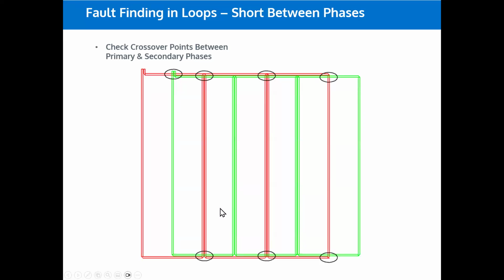So when you're turning up to a loop that's already been laid, an existing system, not a new one that you've just installed, then you just need to worry about lifting the carpets up at the sides of the room here, and just checking these points where the two phases are crossing each other, and that should resolve the problem.